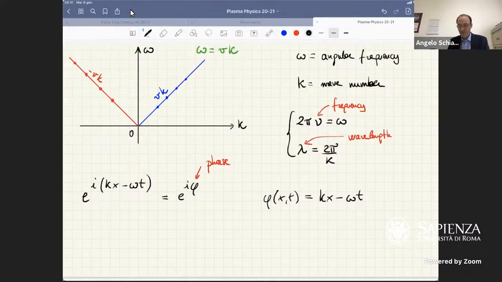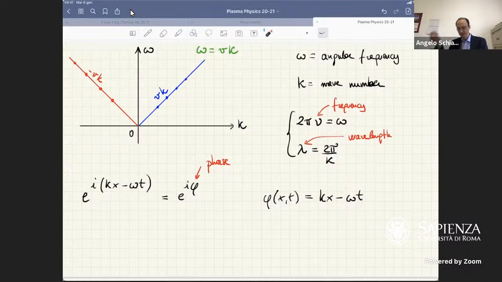There's a simple relation between the two. If we freeze time, so this is constant, at a certain point the phase is increasing as a function of x with a k vector. So it's telling us how the phase is increasing in space. On the other side, if we freeze x, so we look at a given point in space and let the time evolve, then we see the phase is changing, and the rate of change of the phase at a given point is minus omega.